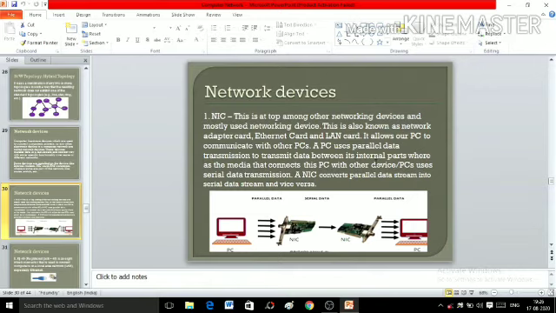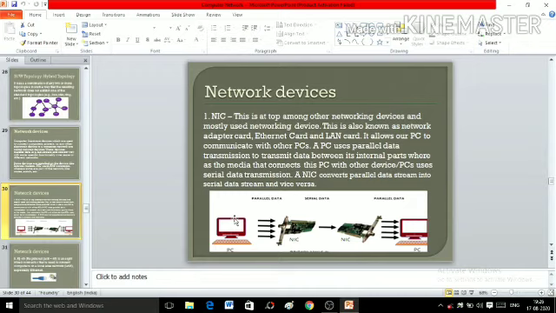Suppose you have a PC on the left hand side and a PC on the right hand side. The data or information inside this PC will flow in the form of parallel data transmission. It means a PC uses parallel data transmission to transmit data between its internal parts.